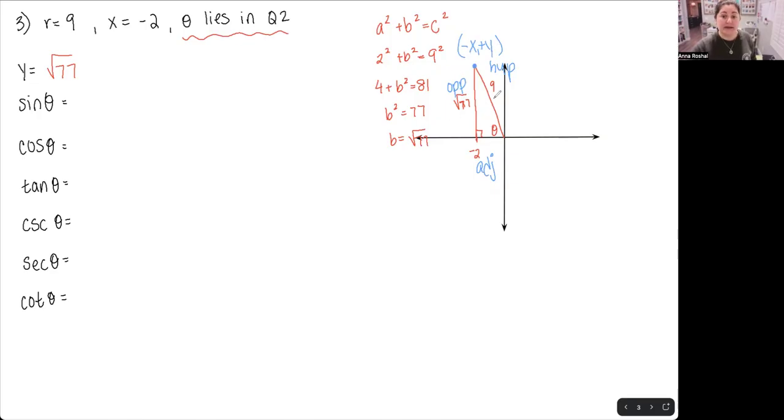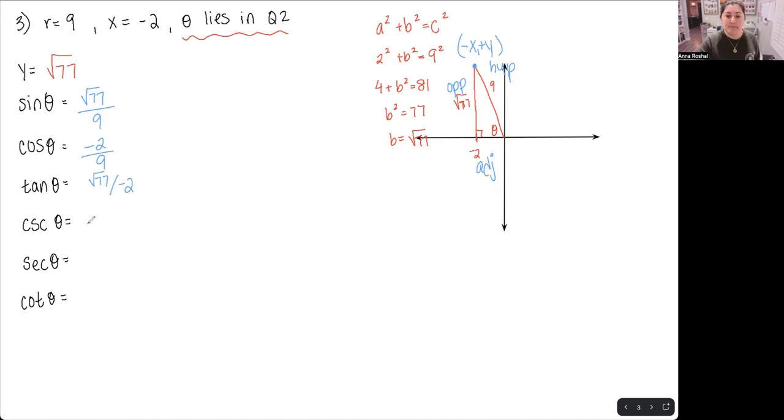Always my x is negative here, but my y above the x-axis is always going to be positive. So when I go in for opposite, I'm going to go root 77 over 9. That's going to be positive. Cosine is going to be adjacent, so -2 over 9.